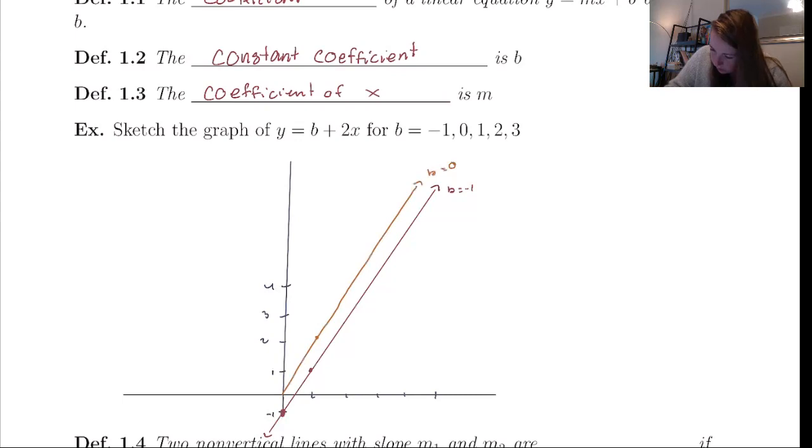Let's do another fun color. Let's do this green. So this is when b equals 1. Right, and then we could just keep going.